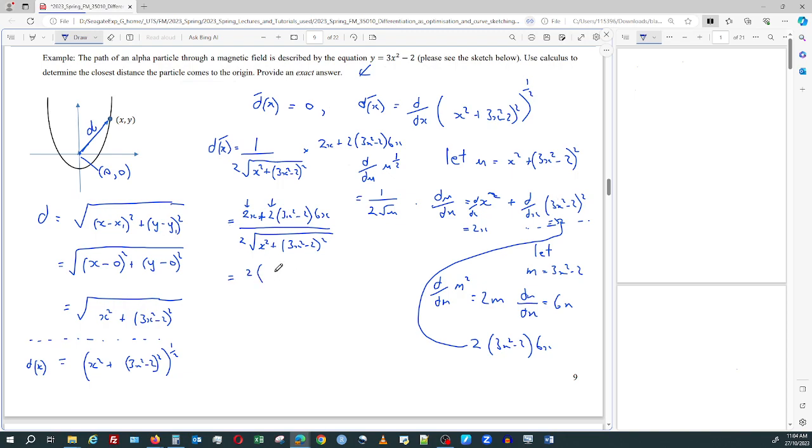So we'll bring the 2 out and we'll end up with x plus 6x, just bring it to the front, over to the square root. So they'll cancel.